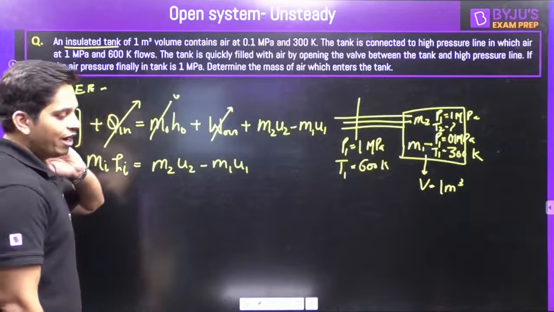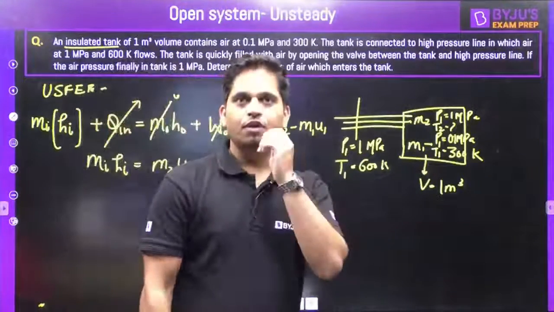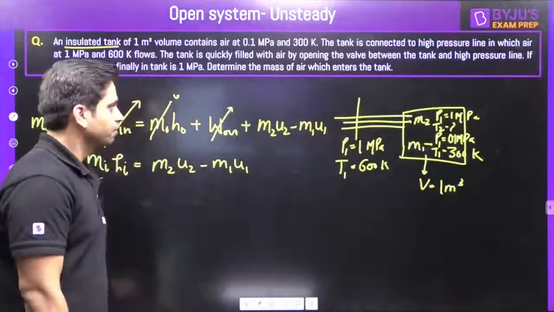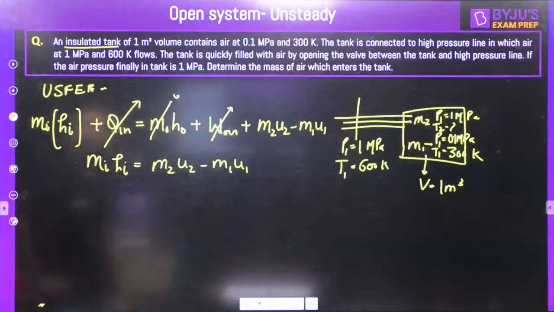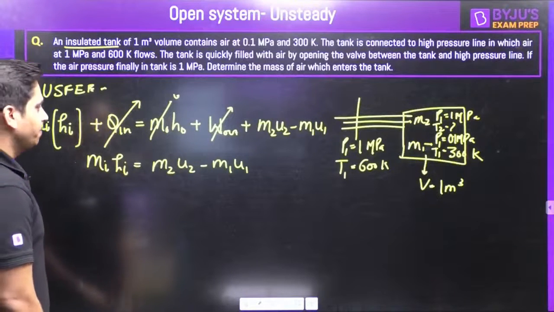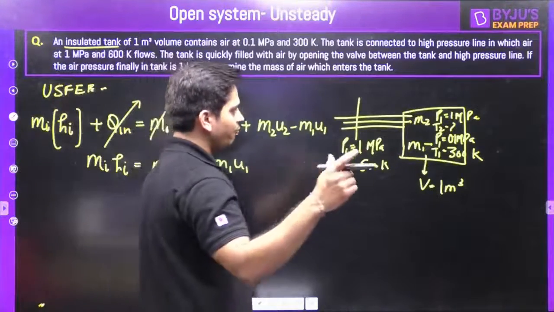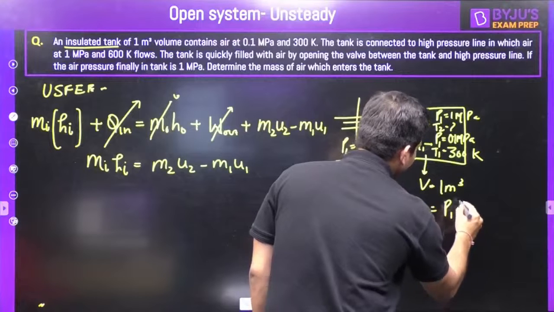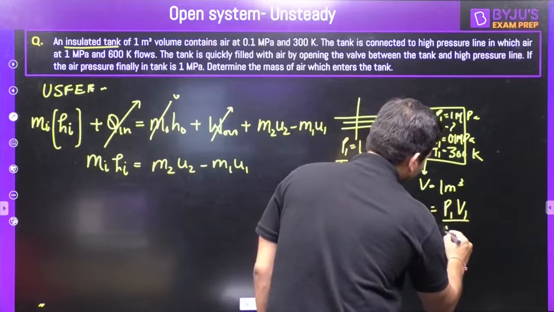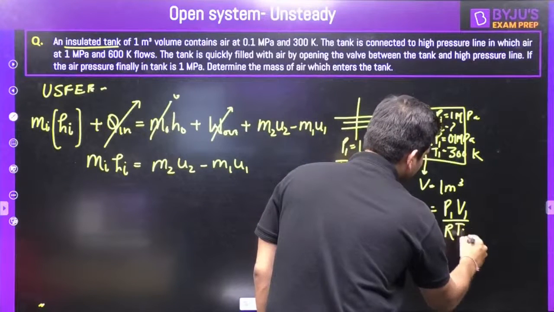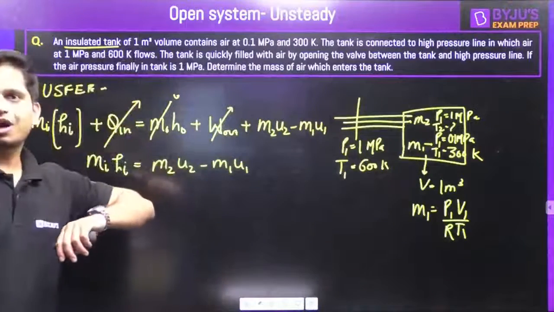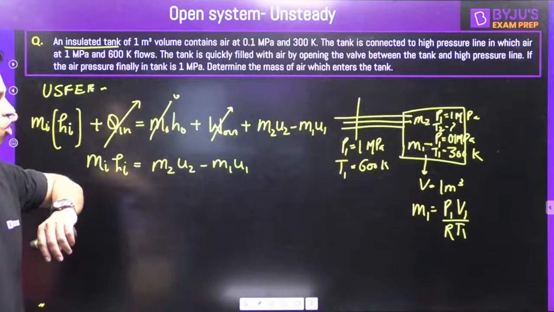Now determine the mass of the air which entered the tank. How much mass entered into the tank? So you tell me one thing, M1 you calculate, right? M1 can be calculated as P1 V1 upon R T1. Everything we know, pressure, temperature, R, and volume is fixed.